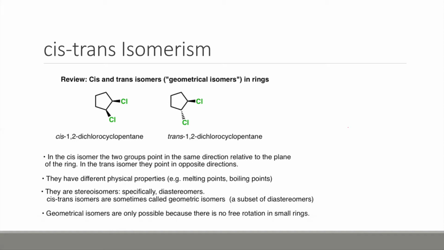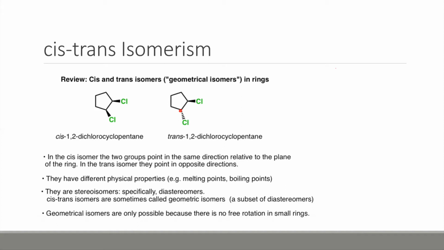So we've talked about having cis and trans isomers in rings, in just simple rings, no double bonds. And that's because these rings are sterically hindered when they are small, and they cannot rotate around the carbon. And so they technically have two different isomer positions.